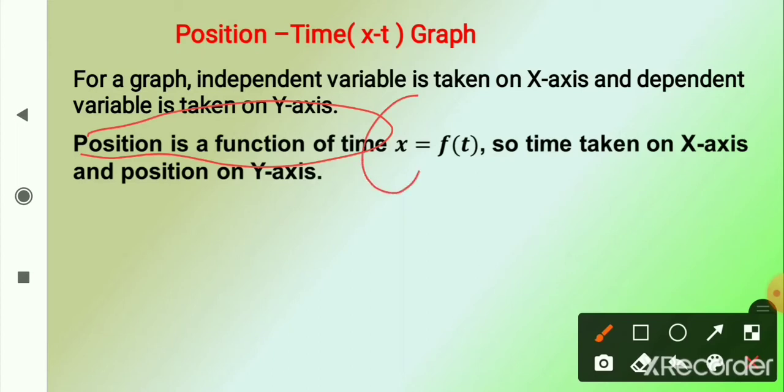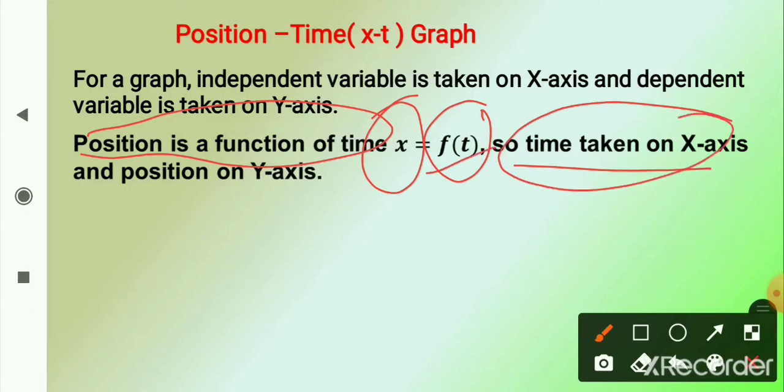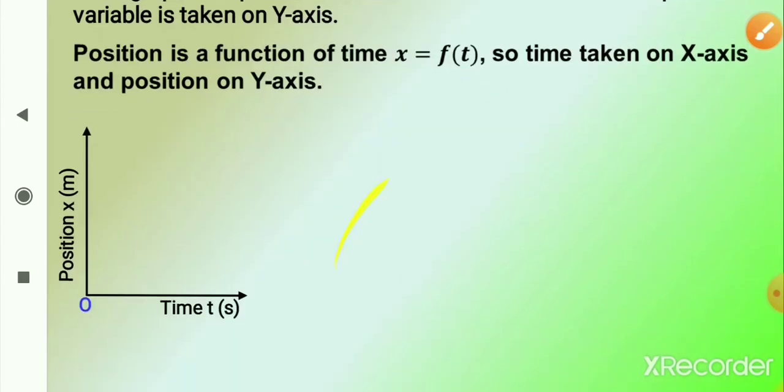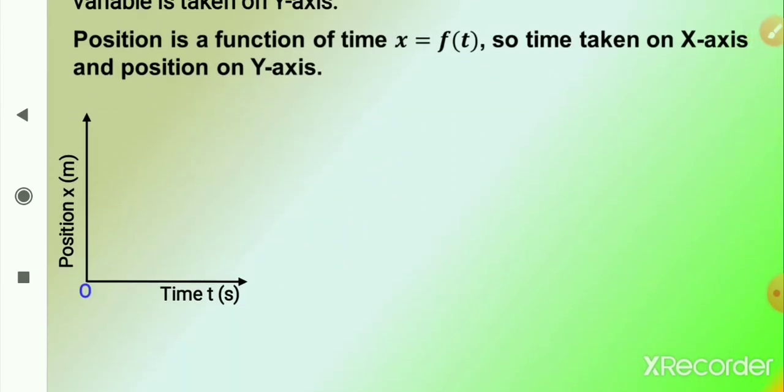Position time पर depend करता है. So time is taken on x-axis because time is independent and position is taken on y-axis because position is dependent. Time की वैल्यू कुछ भी हो सकती है, independent है, उसको हम x-axis पे लेंगे, और position time पर depend करता है तो position को हम y-axis पे लेंगे. So let us look at the first graph here.